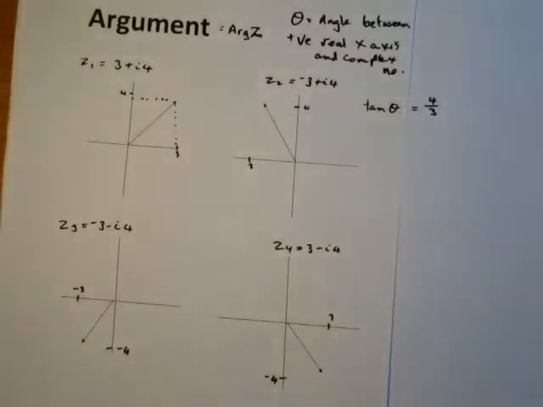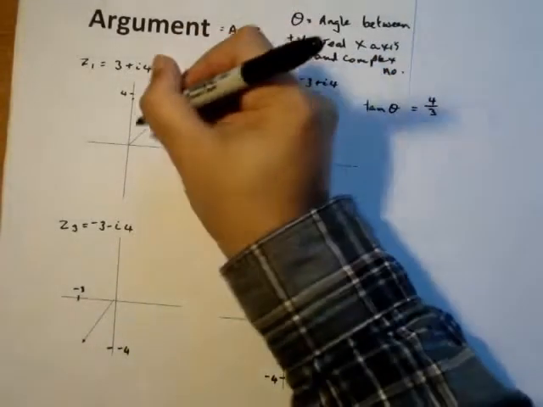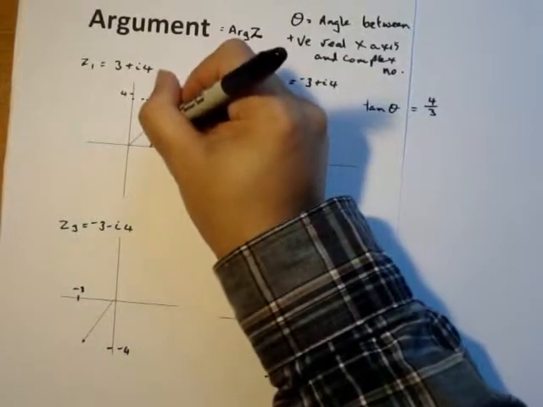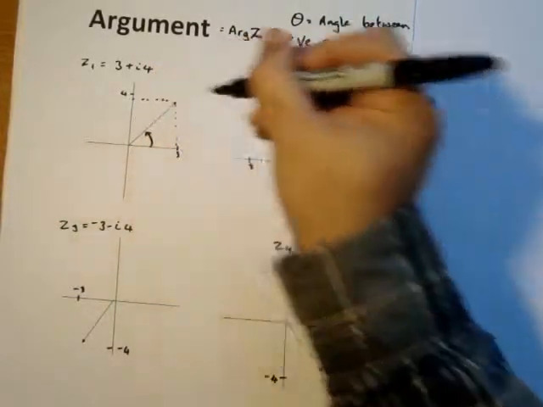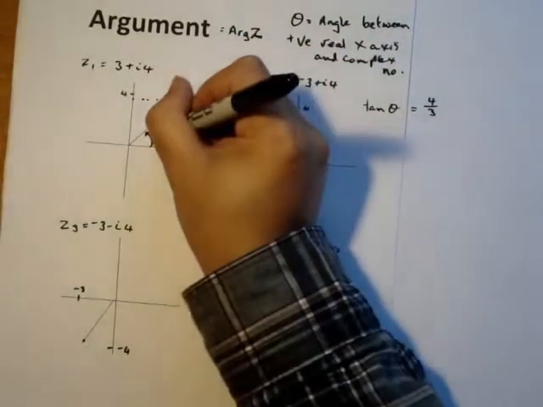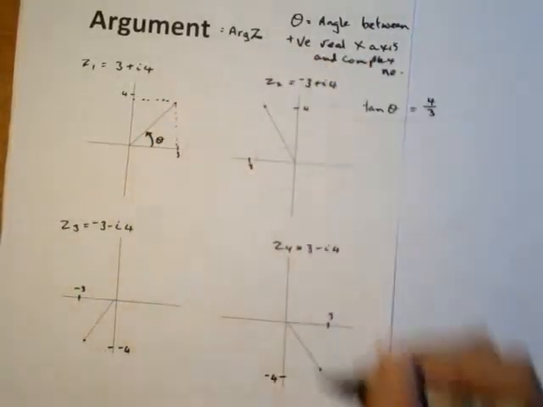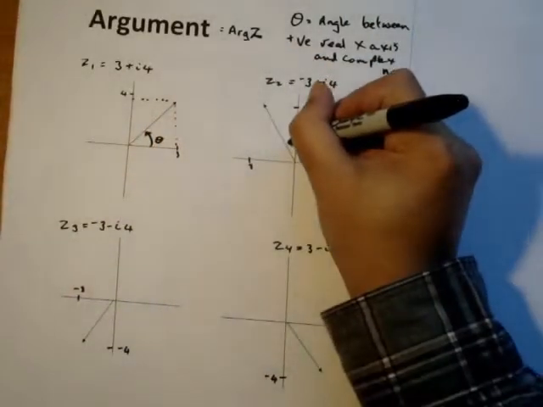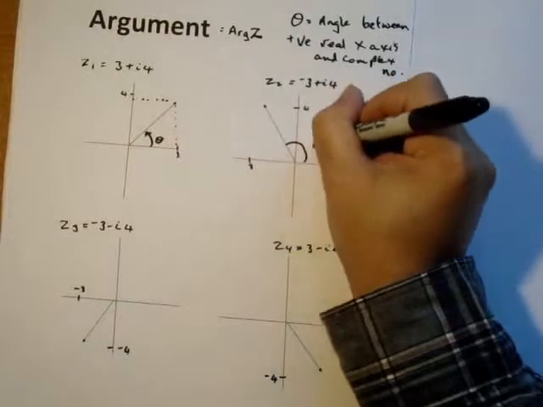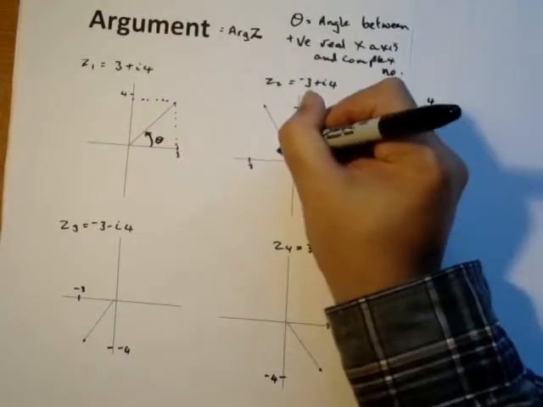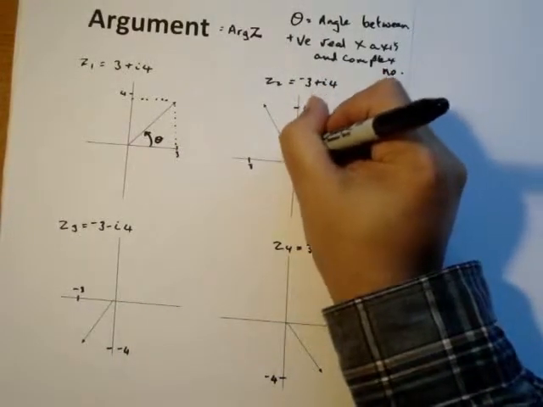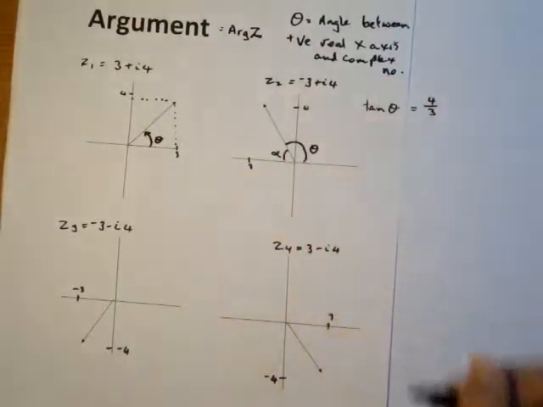Now what we've got to bear in mind in these different quadrants is that theta goes from the positive axis, as we said, to the complex number. So in this case, this is theta. In this case, this is theta, and this would be, say, alpha.